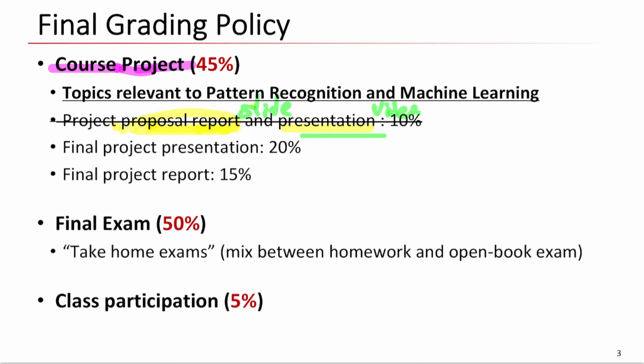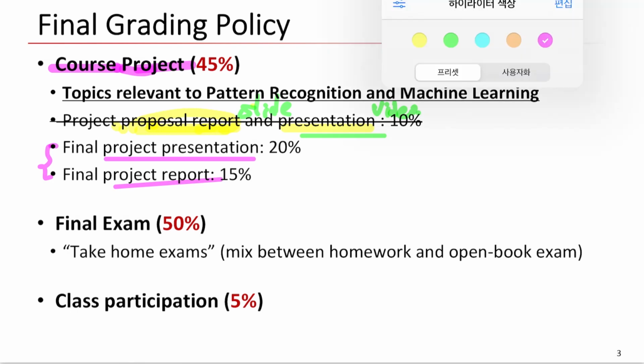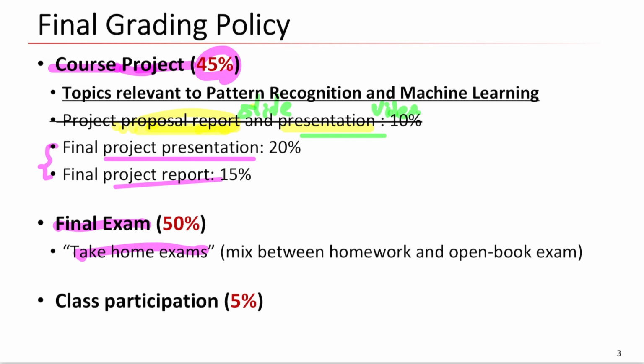And you have to submit the final project presentation again and the project report through my email. So that is 35%. And our final take-home exam will be 50 percent of our whole final grade. And there is one more thing, the class participation. Actually, it's a subjective measure, right? So yeah, this is our final grading policy.